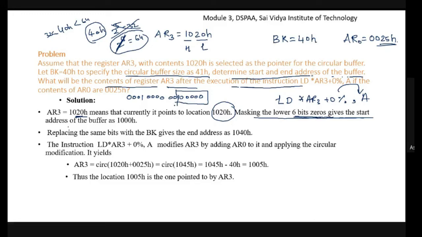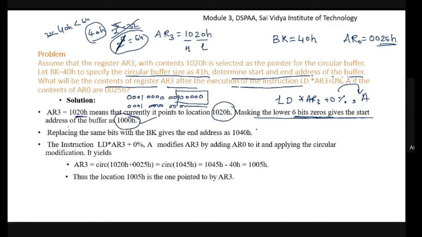So when I perform the mask operation, I'm going to get 0001 000 then 00000. So then this becomes 1000 hexadecimal. Then what we do, we'll replace the same bits of the BK, which gives the end address.